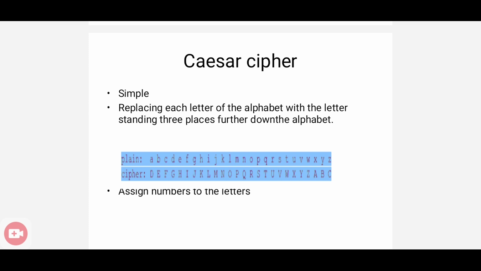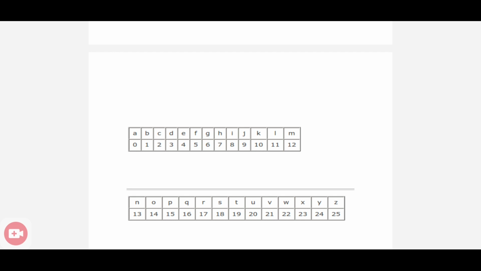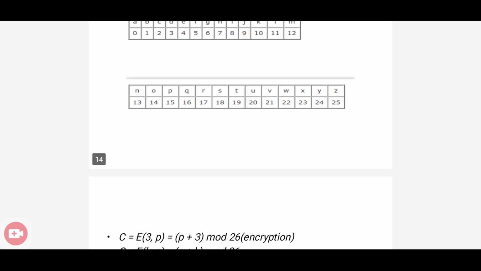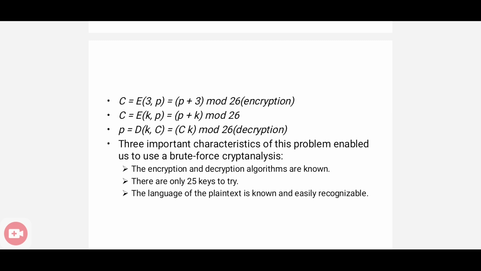So first we can assign the numbers to letters. That is A is 0 up to Z, Z is 25. So we can generalize this Caesar cipher as C equal to E of 3P. What is actually this 3? 3 is the key.